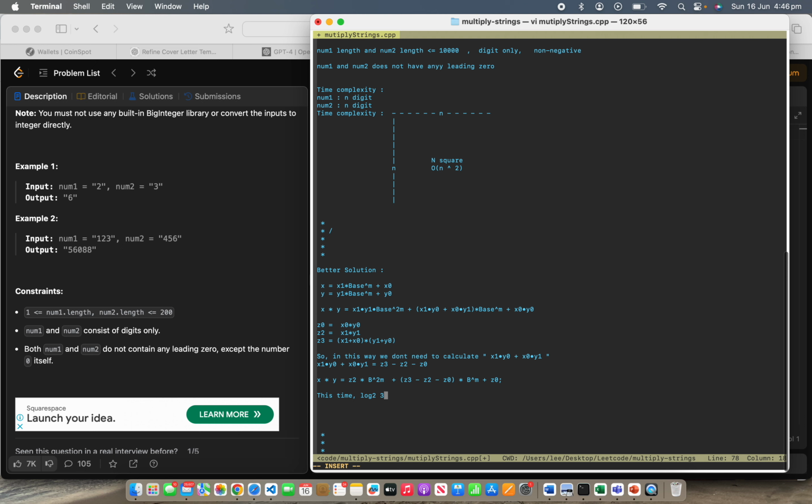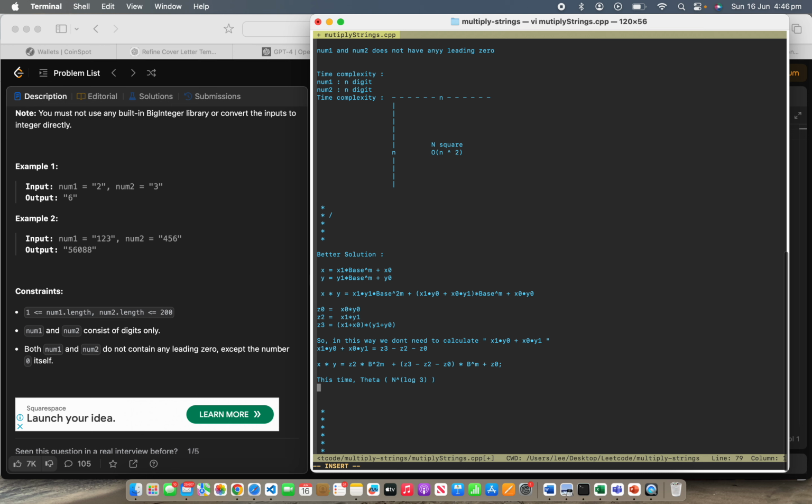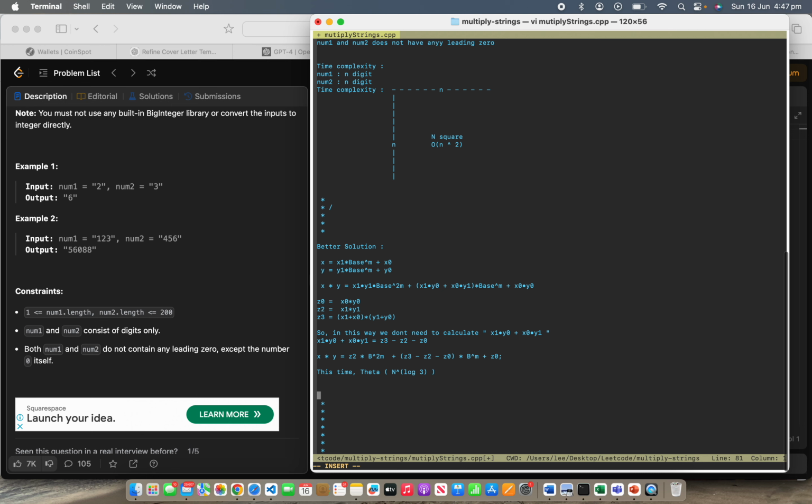So we represent this way, and the time complexity will be theta n to the power of this. So I assume you get me. So we actually are going to implement the basic method.